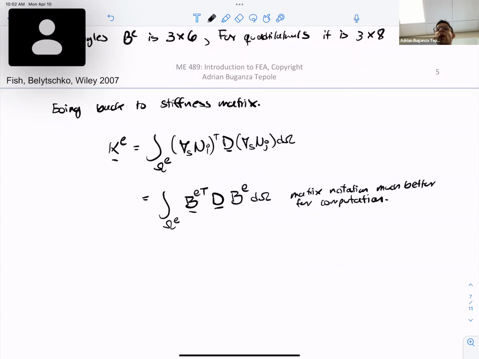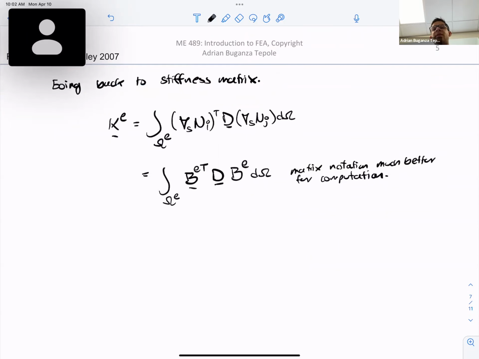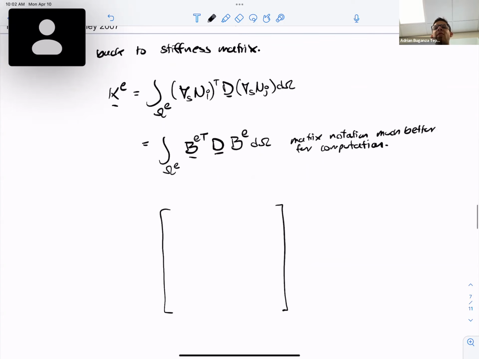Quick question, what is the size of the K E matrix, for example for the triangular element? Yes, 6 by 6. This is like solving two heat transfer problems at the same time, so there's an X and a Y component.